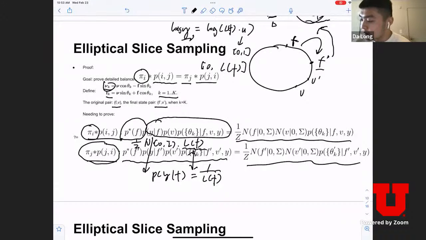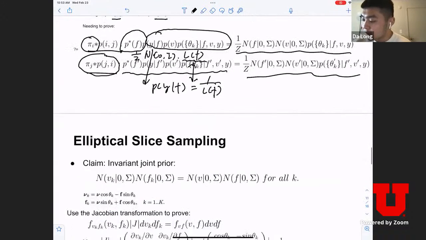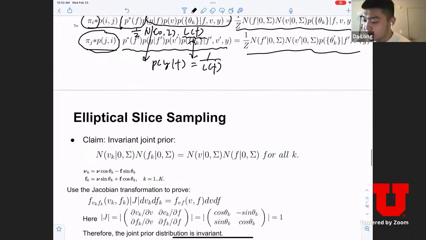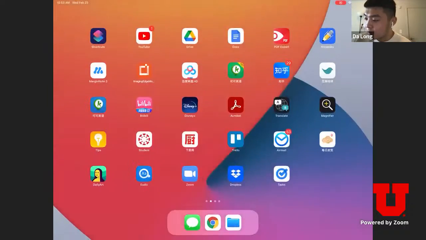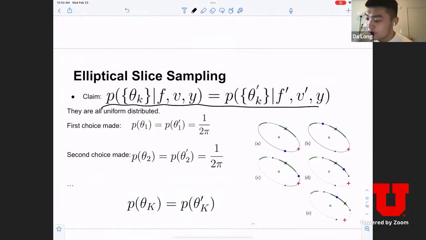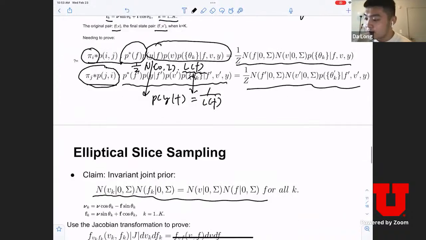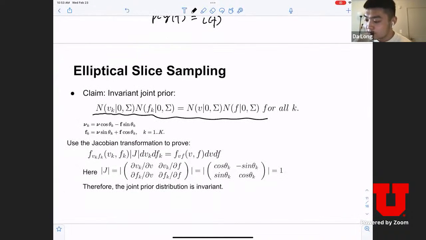To prove this is equal, the paper breaks it into two parts. They first show this part is equal, and then they prove this part is equal, so the detailed balance will be equal. To prove the first part, you can just use the Jacobian transformation.